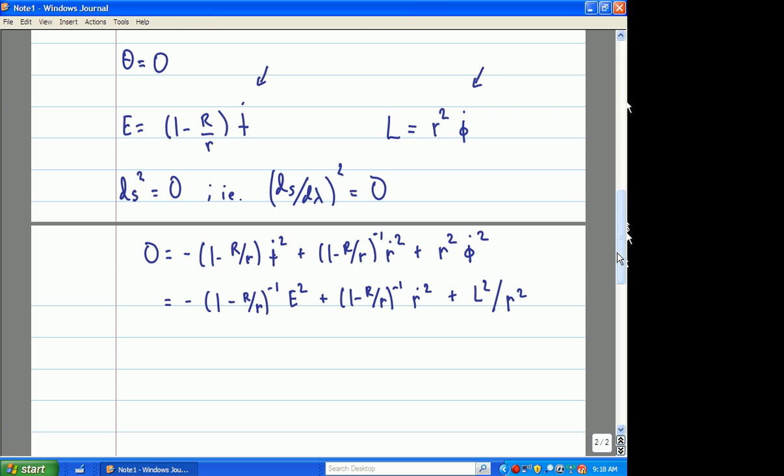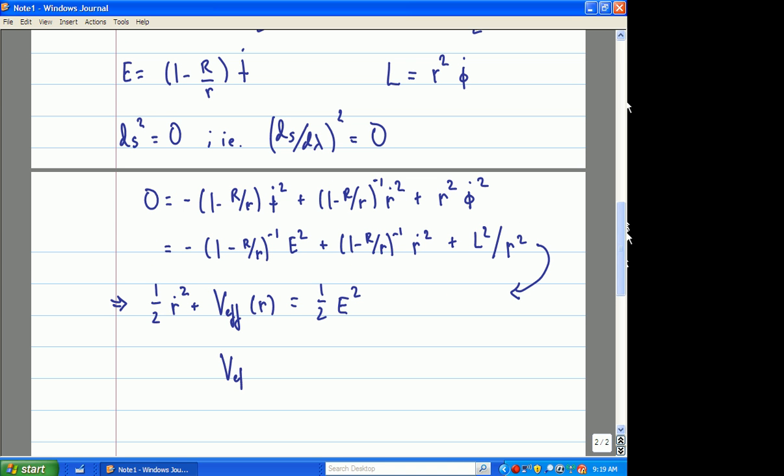So again, we could rewrite this so that it looks like the equation of motion of a one-dimensional system in an effective potential. So I will call the effective potential V effective, and you can just go ahead and plug and manipulate this equation. You multiply it by 1 minus R/r, you divide by 2, move the E to the other side of the equation, and what do you get?